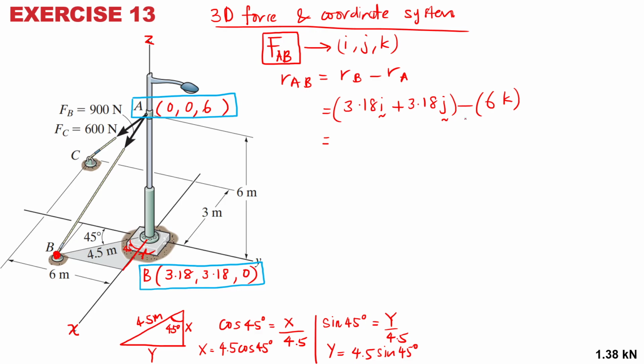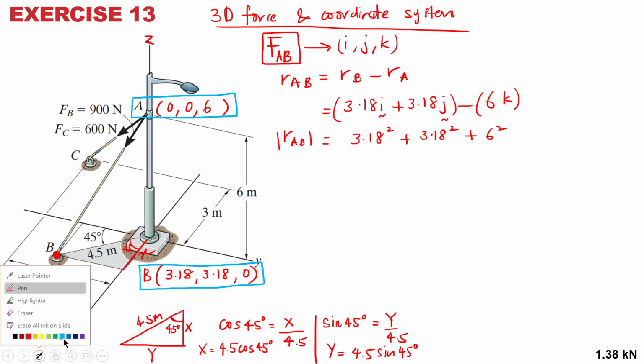Find the resultant. RAB magnitude, what is it? So 3.18 squared plus 3.18 squared plus 6 squared. What do you do next?